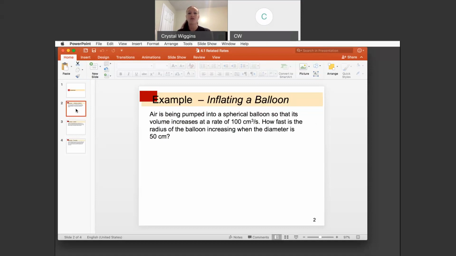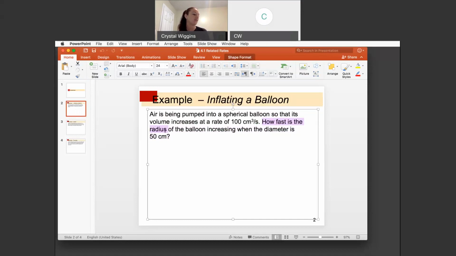And we want to know how fast the radius is increasing. So this is how we know what we need to find the derivative of. We need a derivative for how fast the radius is changing.